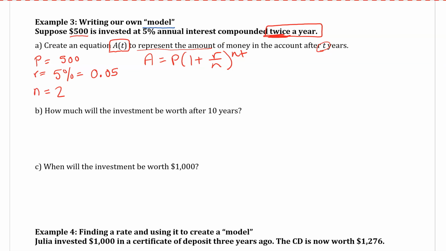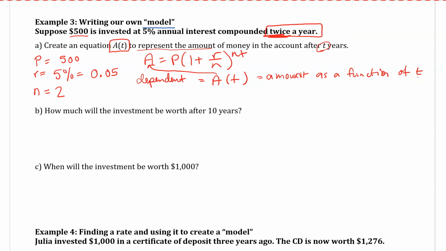So this wants us to set up an equation where I have a dependent variable and an independent variable. So the dependent variable, we're going to call that A of T, and that is going to represent our A. That's going to go in place of A. And when I call it A of T, that doesn't mean A times T. It just means the amount as a function of time. It's a function of T.